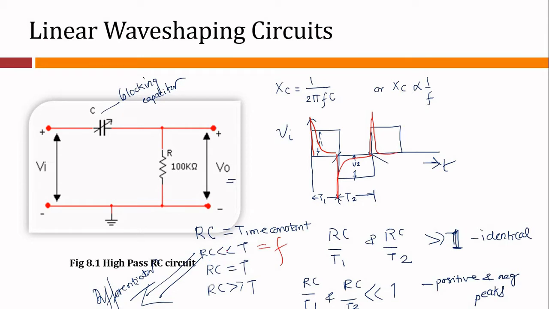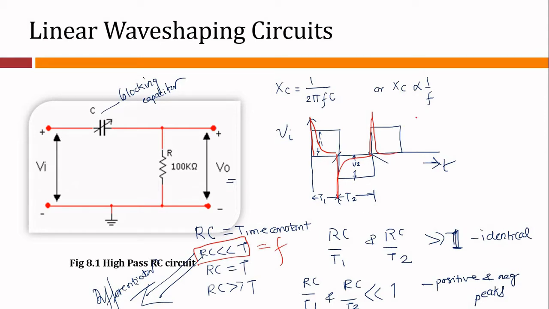What is the condition? RC should be very much less than the time period T. So the time constant RC of the circuit should be much smaller than the time period of the input signal. Only if this condition is satisfied am I going to get the spikes as output. If it is reversed, then I am going to get an identical, similar output.